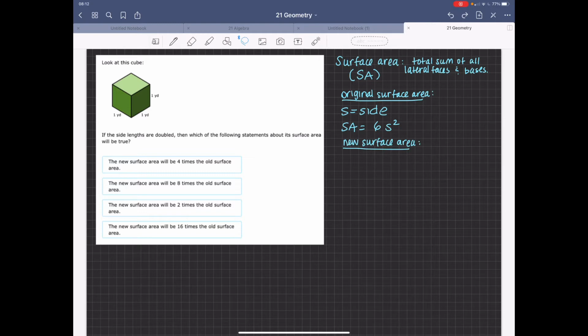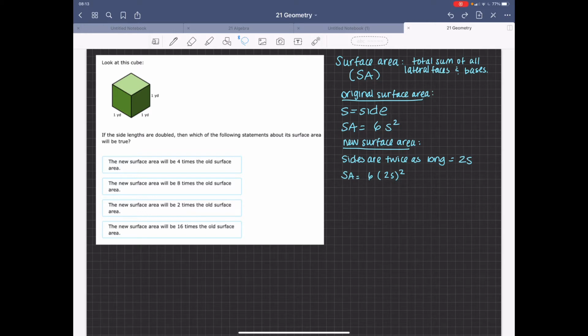And our new surface area, like our problem says, the side lengths are doubled or twice as long. So that's going to be 2S. So wherever I see the S, I'm going to make that a 2S. So then I'm going to have surface area equals 6 times 2S squared.